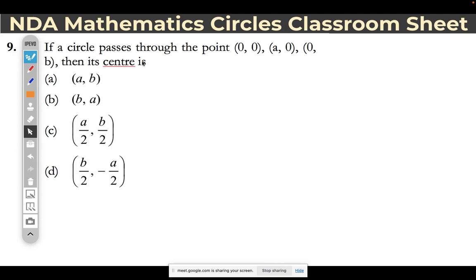If a circle passes through these 3 points, then its center is, draw it. You will get the answer.